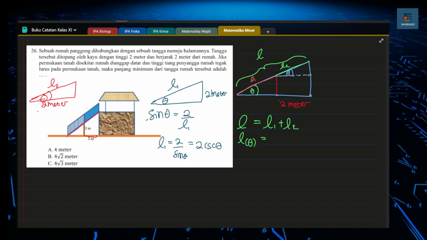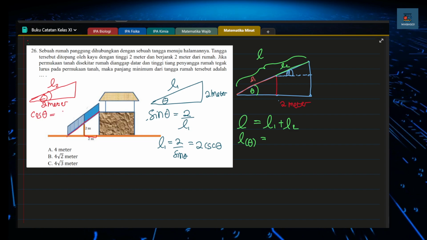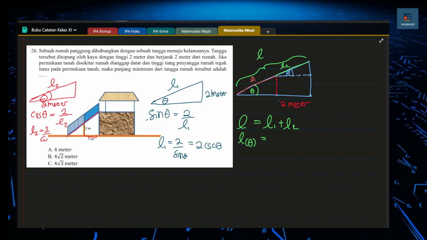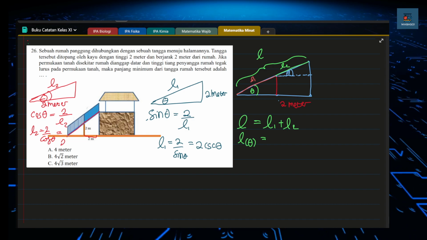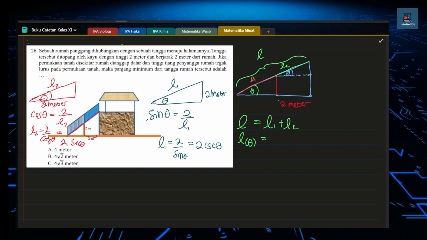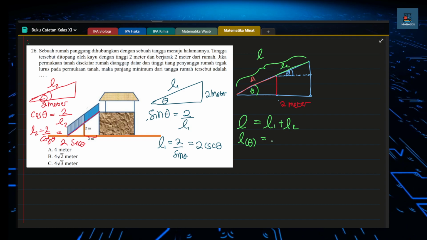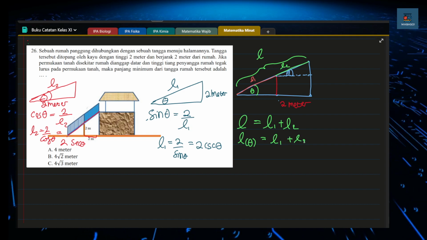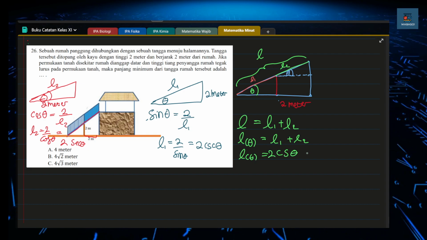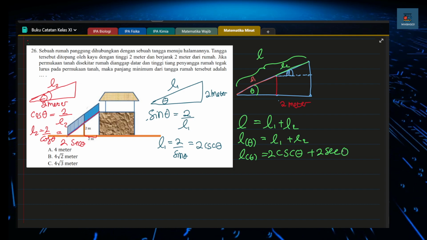Then the ratio that we can use is cosine theta equals the adjacent 2 over the hypotenuse L2. Then L2 would be 2 over cosine of theta, which is equal to 2 secant theta. Then for L1, we could do some simplification. We could insert the value of L1 plus L2, where L1 is 2 cosecant of theta, plus 2 secant of theta.